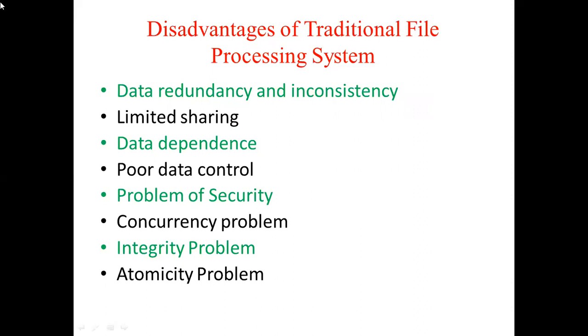Sometimes, as per the requirement, some data may be stored in multiple files. For example, consider a college where a particular faculty's information is stored at the department level as well as at the institutional level. That means one faculty's record is available in two files, one at the department level and another at the institute level.